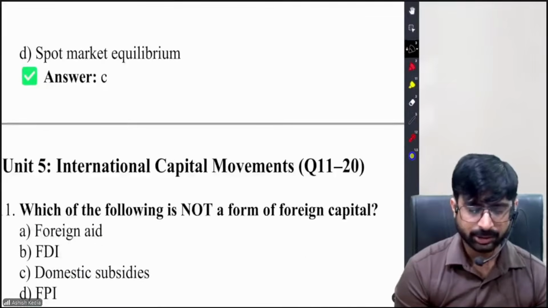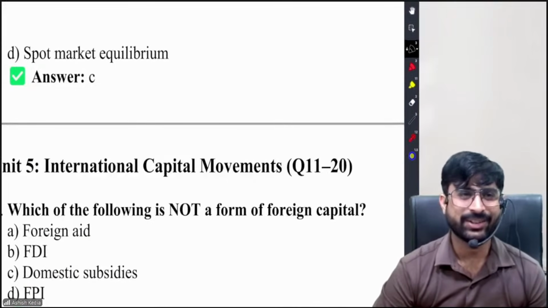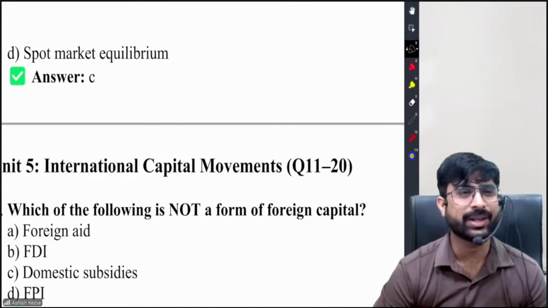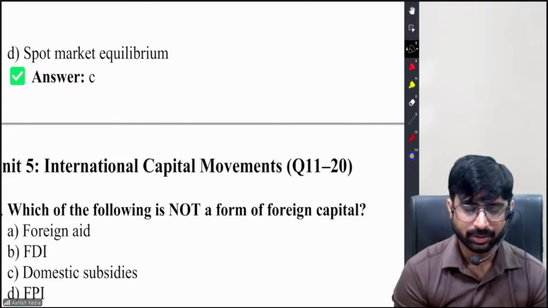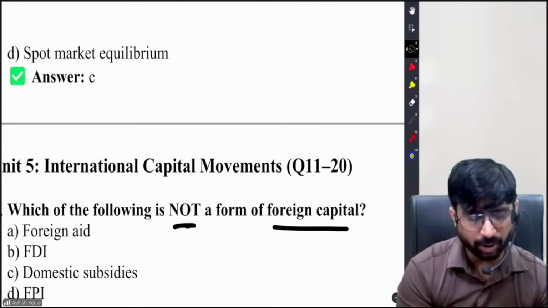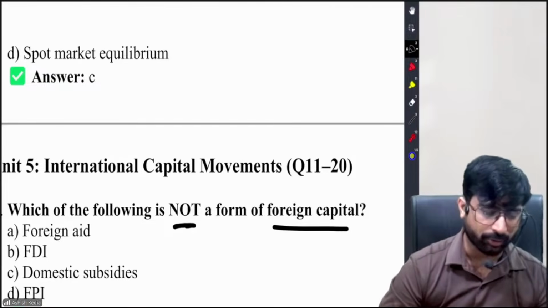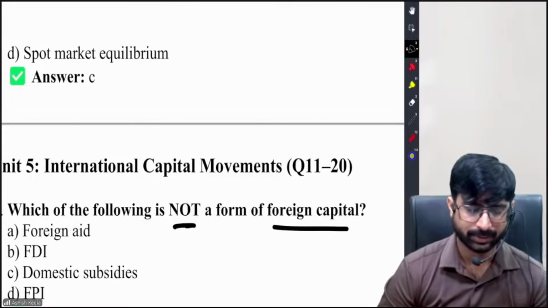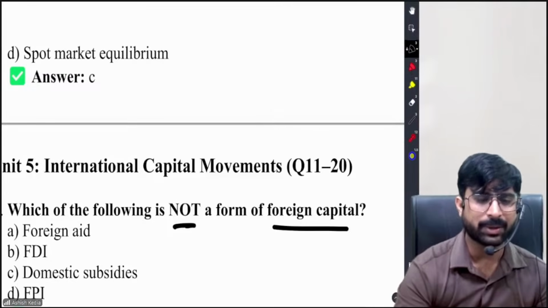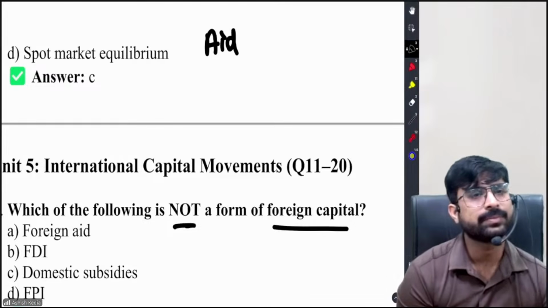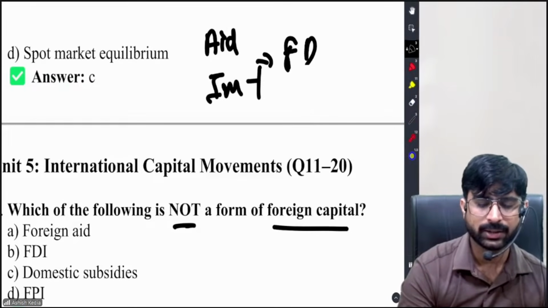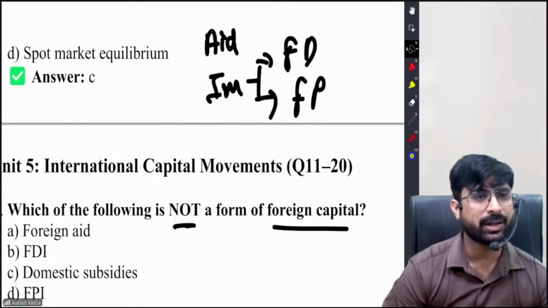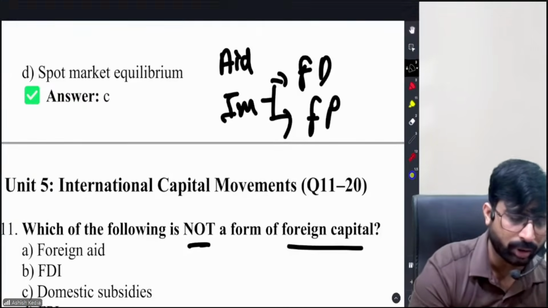Now, the topic that we did today, Unit 5, questions from there. This was all Unit 4 questions. Now, Unit 5 questions. Which of the following is not a form of foreign capital? We discussed four. Do you remember the four types? Sir, you taught us about foreign aid. You talked about investments, both FDI and FPI.